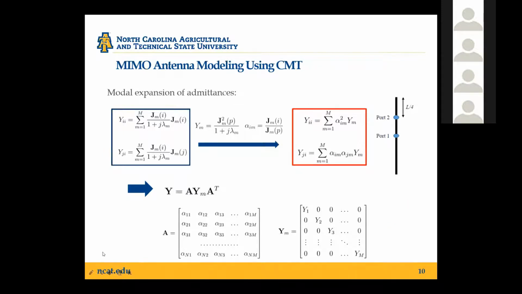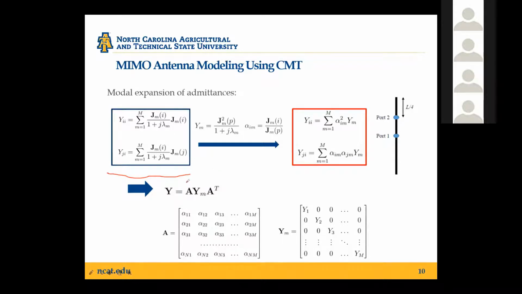I assume everyone here is familiar with the formulation in characteristic modes. On the left, what I showed is the self and mutual admittance represented using the eigencurrents and the eigenvalues for an antenna aperture.